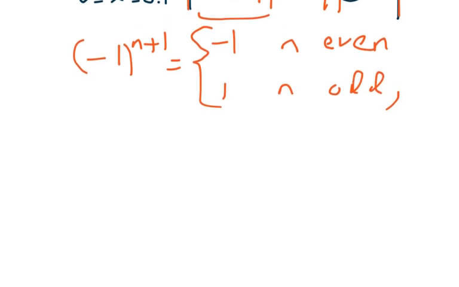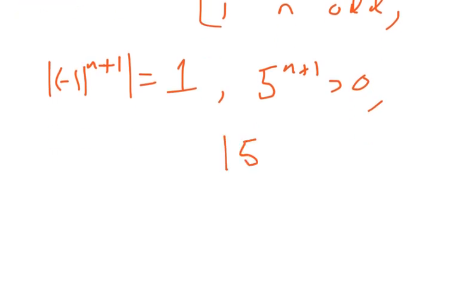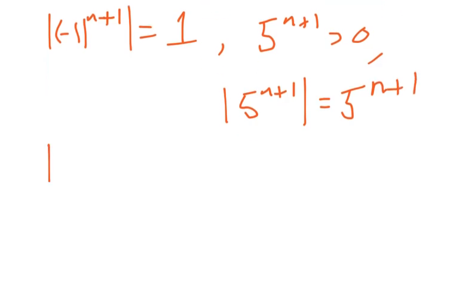But in either case, the absolute value of minus 1 to the n plus 1 is equal to 1. So that just comes out. Now, 5 to the n plus 1 is greater than 0, so its absolute value is 5 to the n plus 1. And the same thing for the exponential. The exponential is always positive, so its absolute value is just e to the minus 5x.